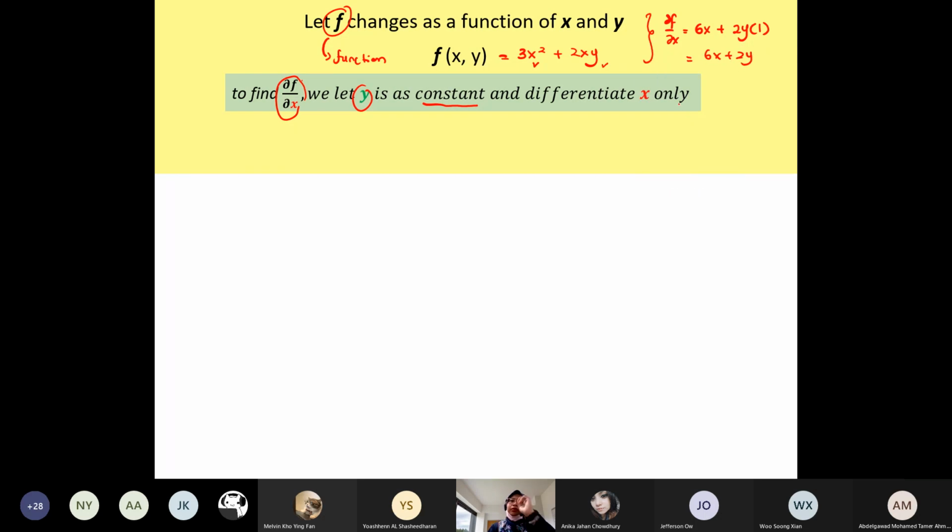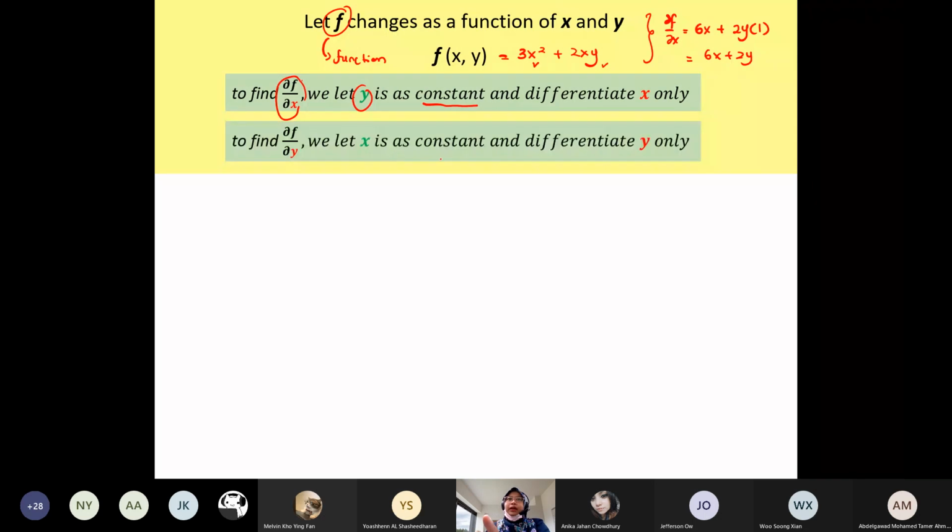Now when you want to differentiate with respect to y, you let x be a constant and you differentiate y. For example, by using the same function, you find df over dy. This one, you treat as a constant. x now becomes constant. When you differentiate a constant, you get 0, isn't it?